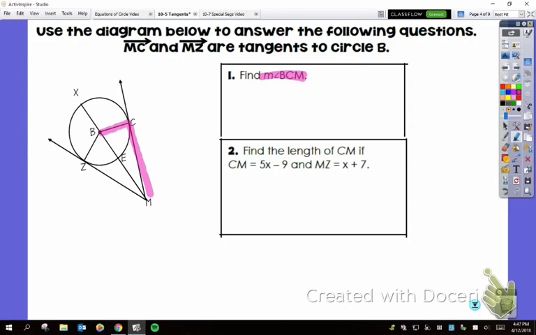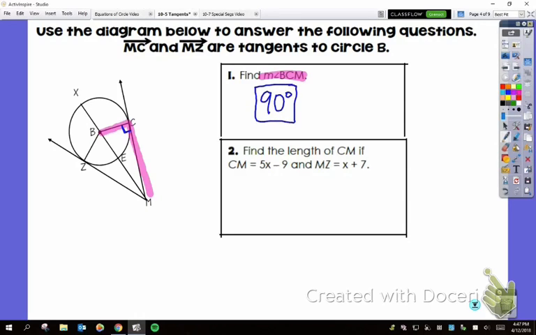Now that angle is made up of BC, which is the radius, and CM, which is tangent. Which means that if BC is the radius and CM is tangent, that it is a 90-degree angle, which means it's 90 degrees.